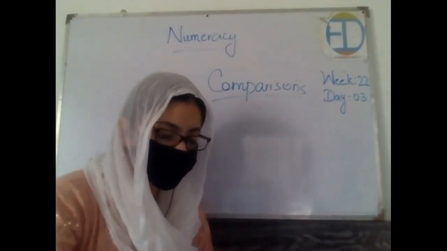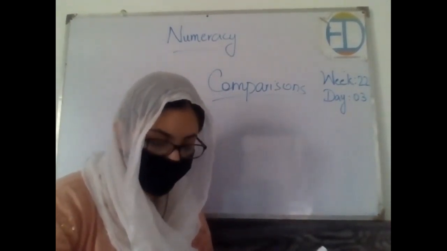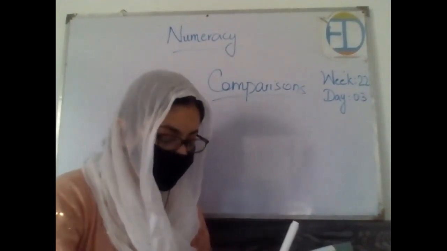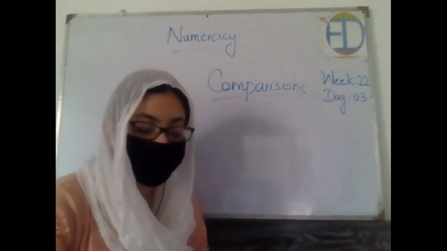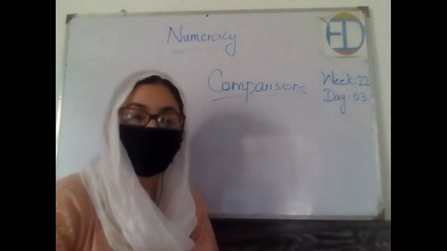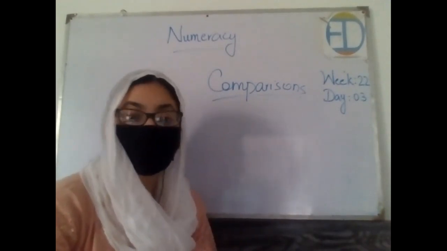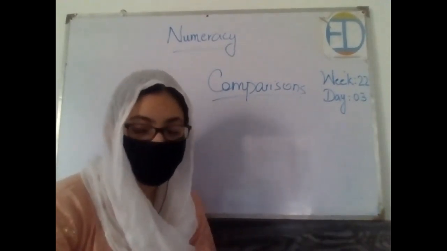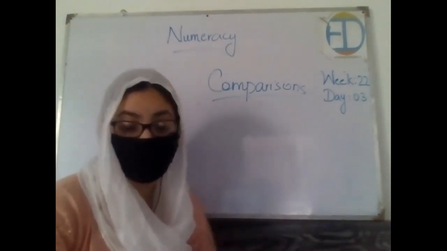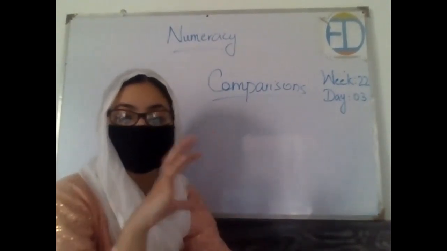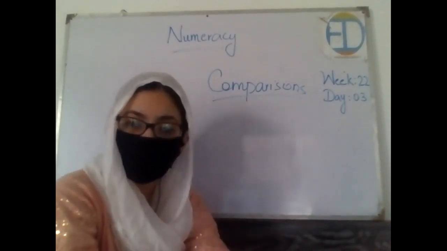Comparisons tell us not only about tall and short, they also tell us how heavy something is, how light something is. The common words that we practiced at that time were short, shorter, shortest, right? Then we also practiced heavy, heavier, heaviest. All of these words tell us about the size of an object.